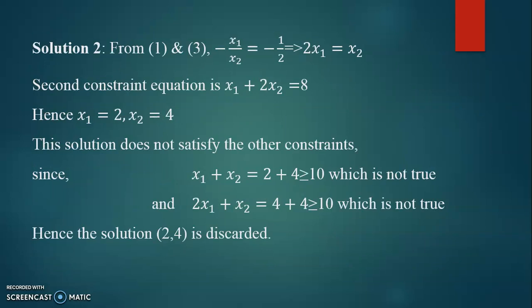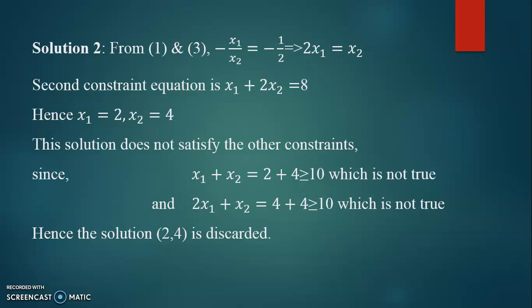Now let us see the second solution. From equations 1 and 3, we have minus x1 by x2 equal to minus 1 by 2. This implies 2x1 equal to x2. Second constraint equation is x1 plus 2x2 equal to 10. From these two equations, we have x1 equal to 2 and x2 equal to 4.